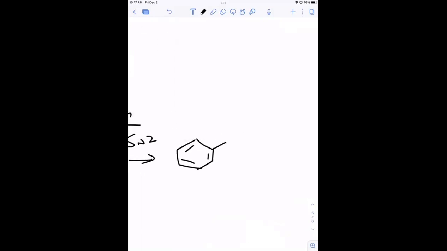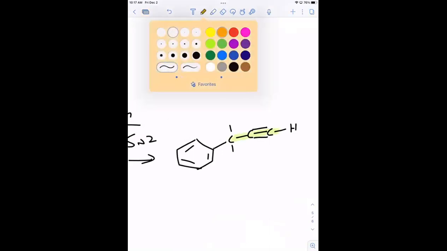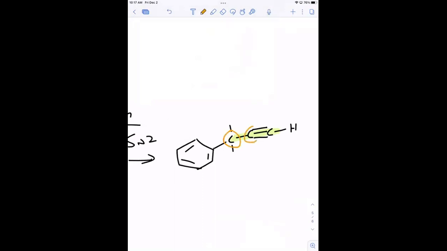And this is the CH2 that's here. This is the product where I have a bond now between this carbon right here and this carbon that was in the triple bond. And then of course, I'll put my hydrogens back in.